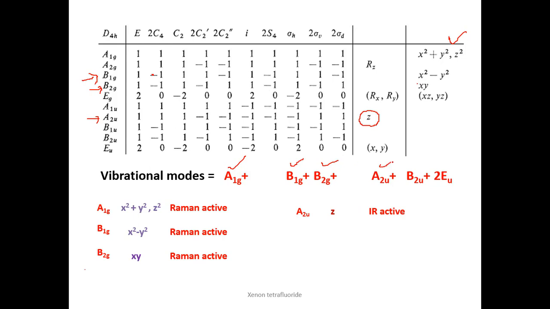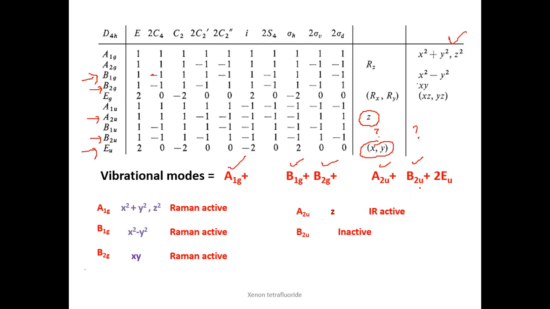After A2U we come to B2U, and against B2U you don't find any terms here. That means this is inactive for Raman as well as IR. Next is EU, and against EU you find the terms x and y.